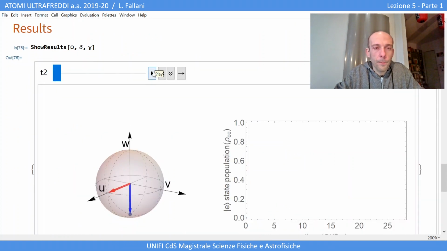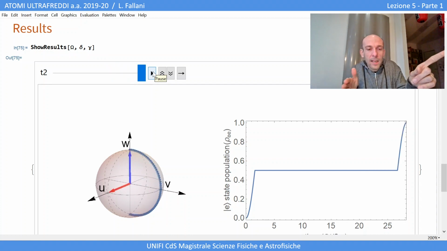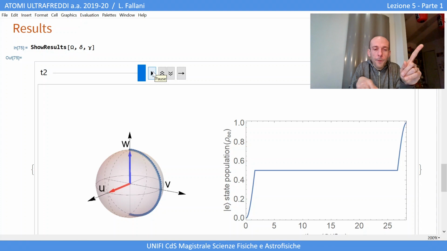Okay. So this is the first pi half pulse. Then at that time, nothing happens. In the second time, for the second pulse, you have the pi half pulse, which completes the first pulse and produces a pi pulse. So during the central time, nothing is happening because the field is always in phase with the atom. And so in a rotating wave approximation, in the rotating wave frame, the two phases cancel.